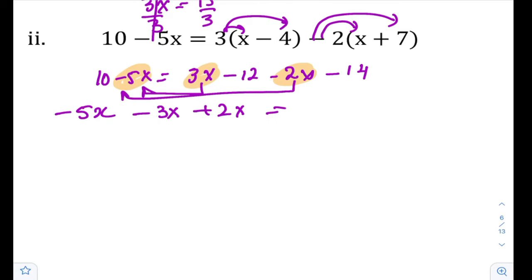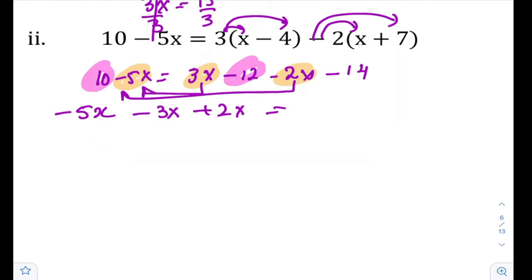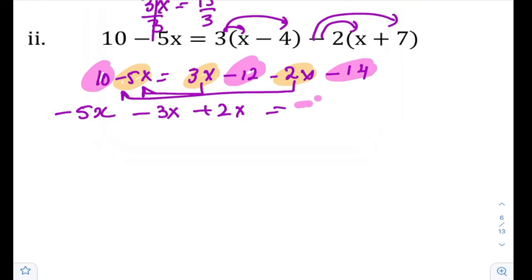Now let's shift all the numbers to the other side. We have here 10, negative 12, negative 14. The negative 12 and the negative 14 will not change. The 10 will go there as negative 10. This was positive, so it becomes negative 10. I'm doing everything in one step for simple calculations.